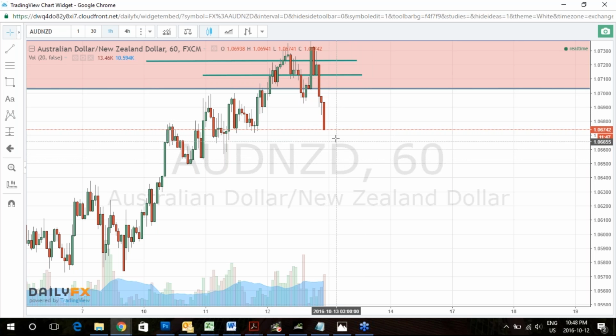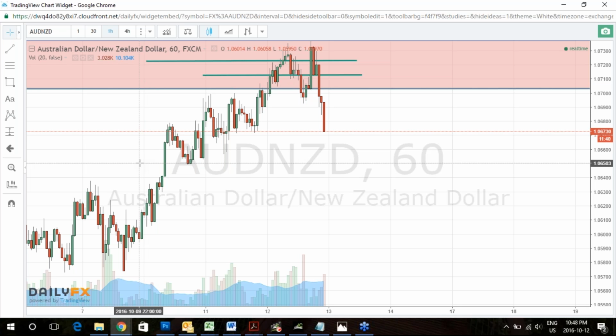What I would suggest is that we're probably going to send a signal once price reaches our take profit point, I think the first one was around 1.06500.